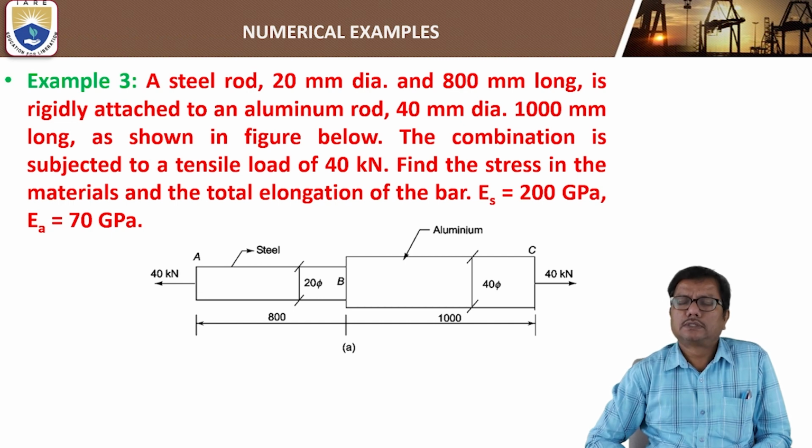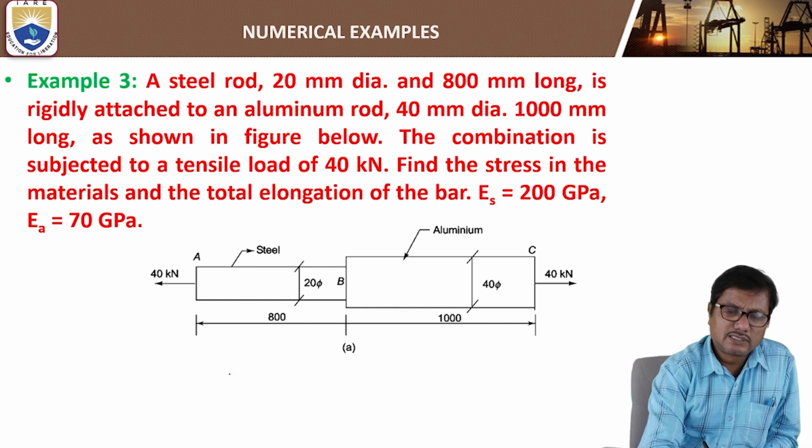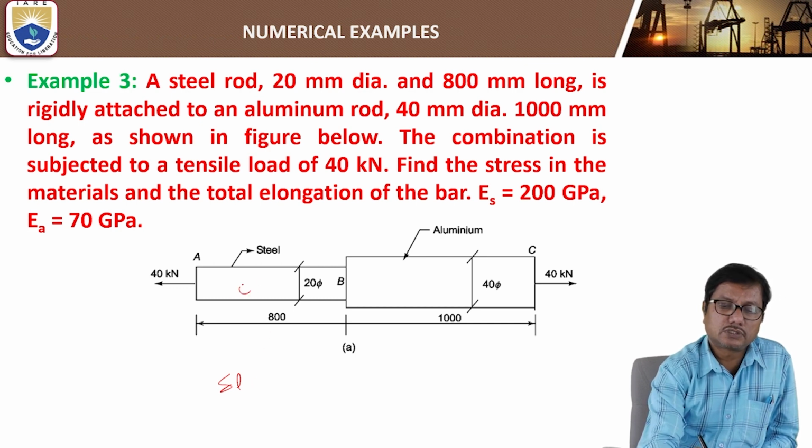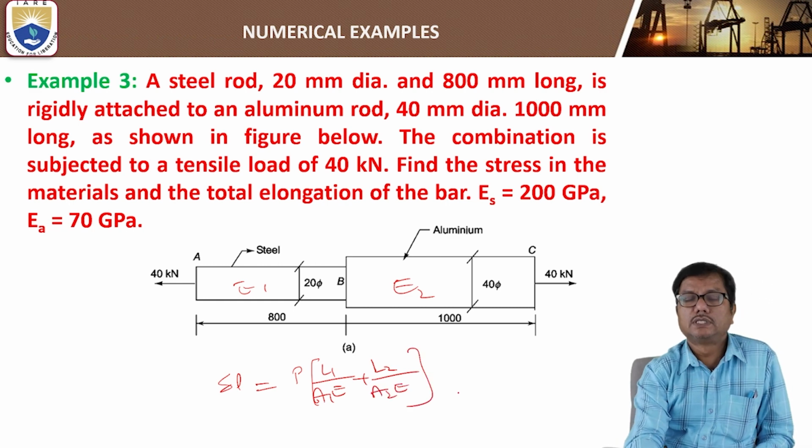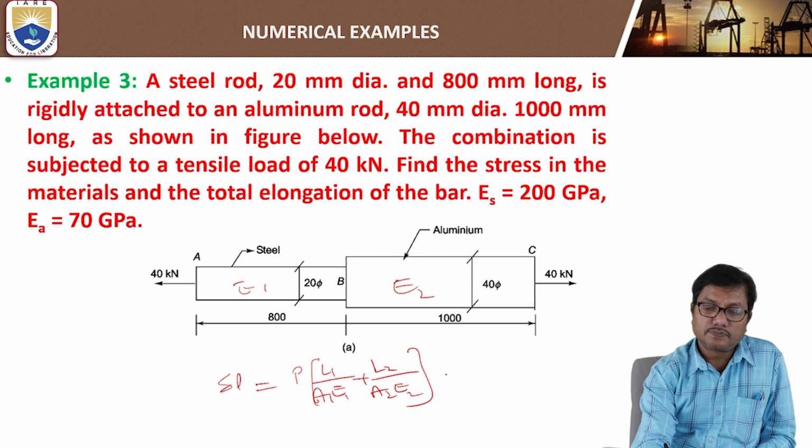So these are all similar problems. Only thing is, as we have discussed, if different materials are used, then Young's moduli also will be different. So delta L is delta L1, that is P into L1 by A1E1, plus L2 by A2E2.